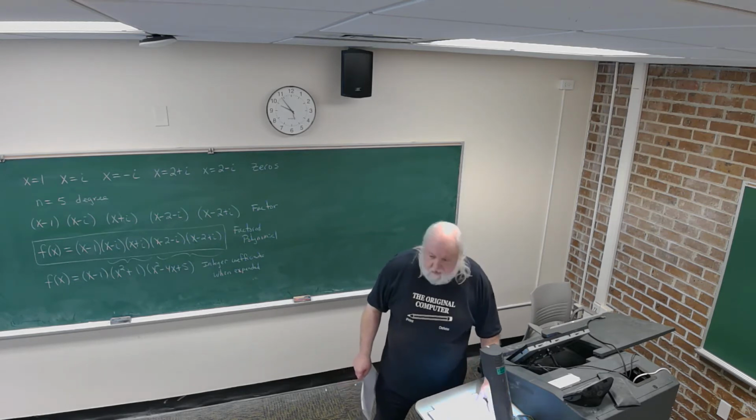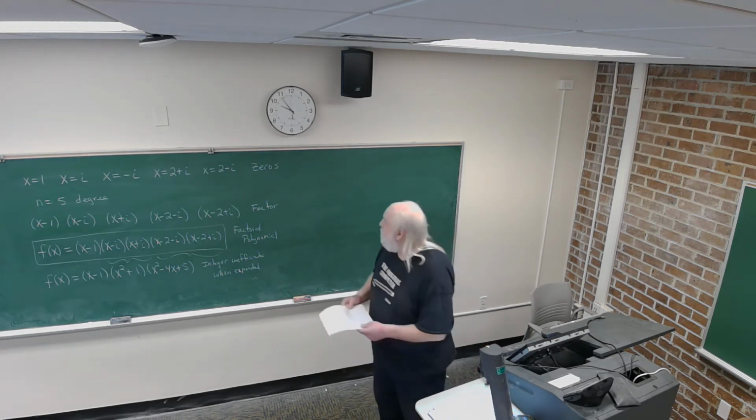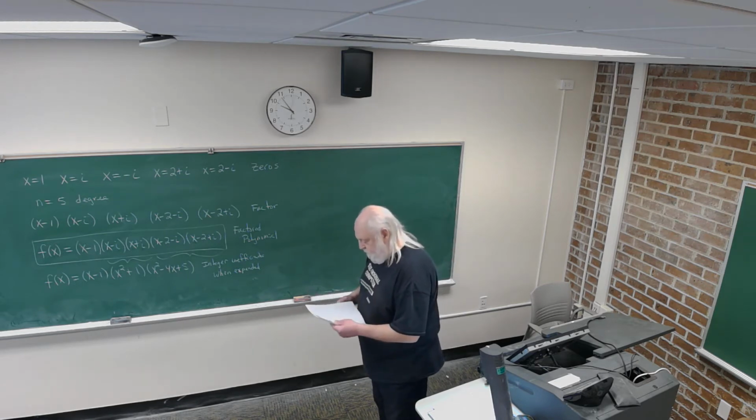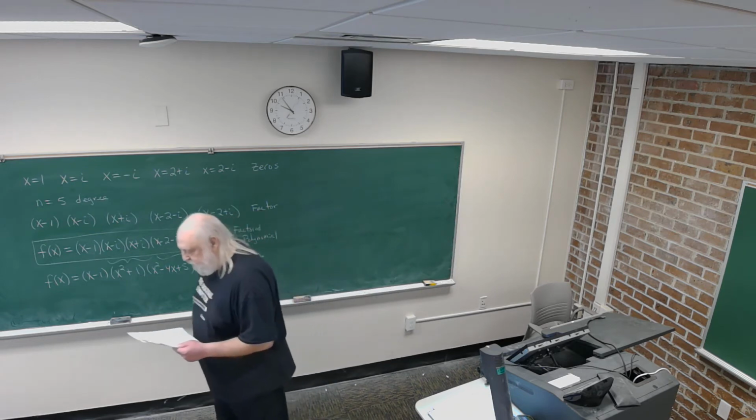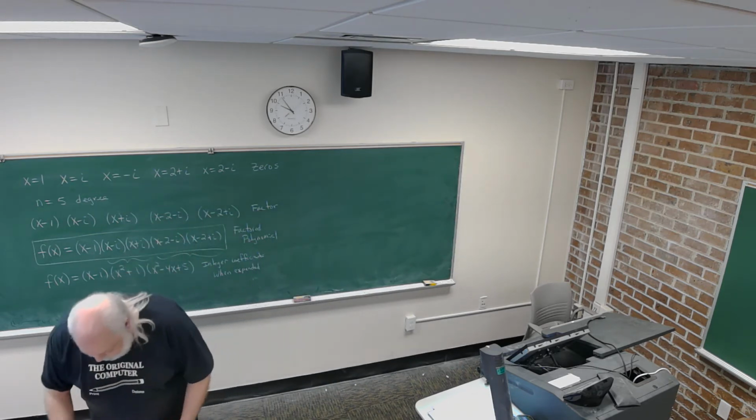So let's take a look at example 8. We're going to verify that x equals minus i is a 0 of the polynomial, and then find all other zeros.